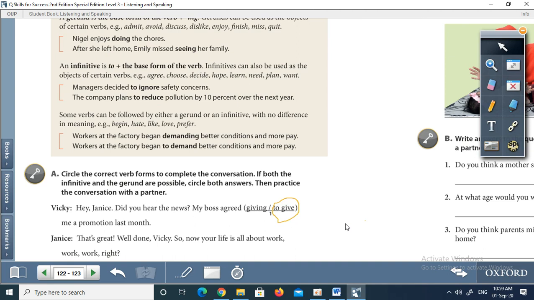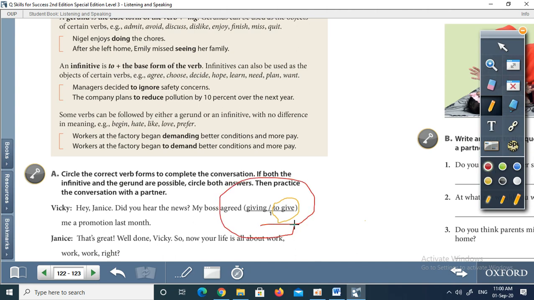When you see it is just a main verb that can take an infinitive, circle the infinitive. If it can take a gerund only, circle the gerund. If it takes both, then I want you to circle both. All right.